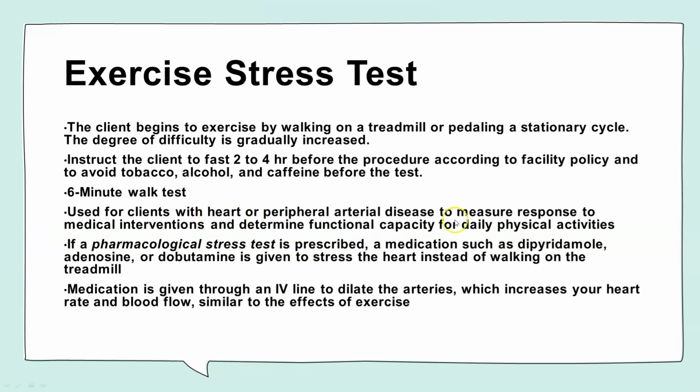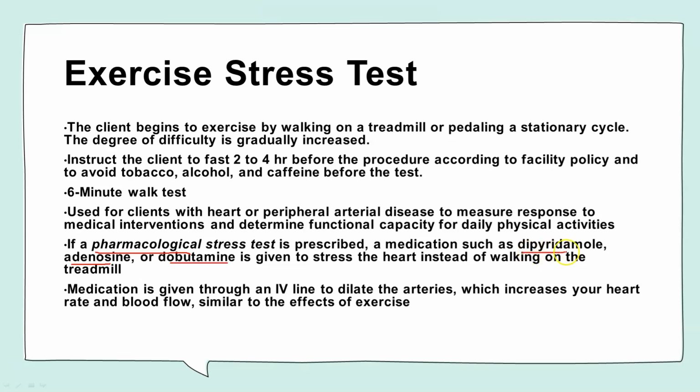We've talked about who it's used for. What we haven't really talked about yet is that if you have a client who can't walk, you can do a pharmacological stress test. Probably the two most common medications are adenosine and dobutamine, and we're going to give those in much lesser doses, but they're given specifically to stress the heart.